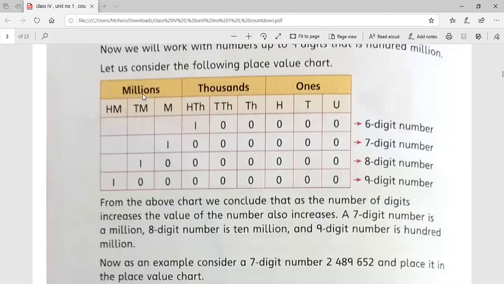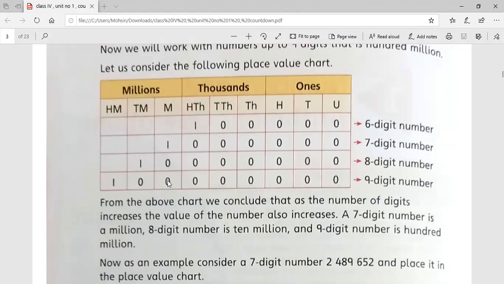Now come to the next one, that is 10 million. In 10 million, how many digits do we have? We have 8 digits. And how many zeros do we have in 10 million? We have 7 zeros. Now the last one is 100 million.